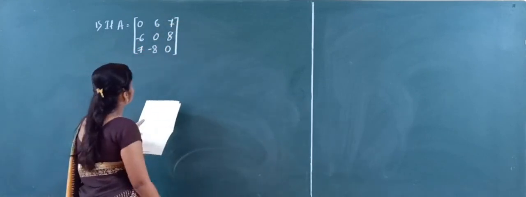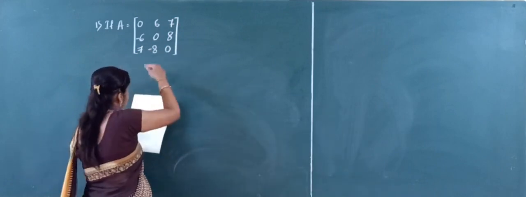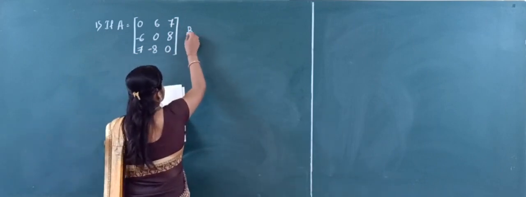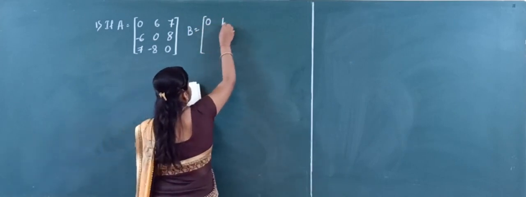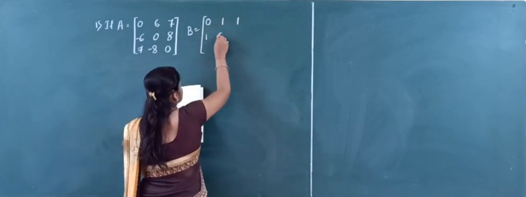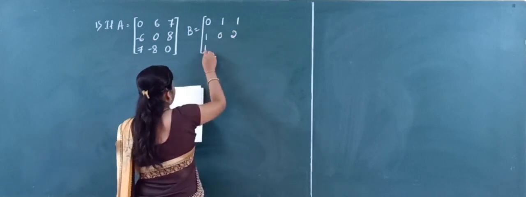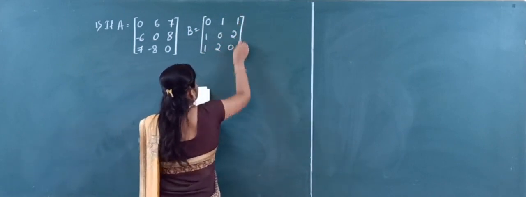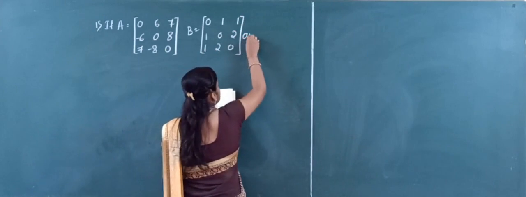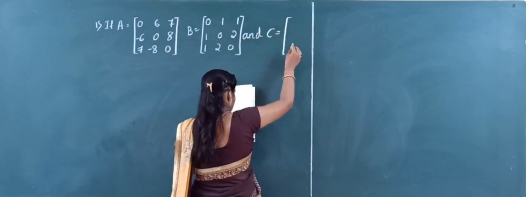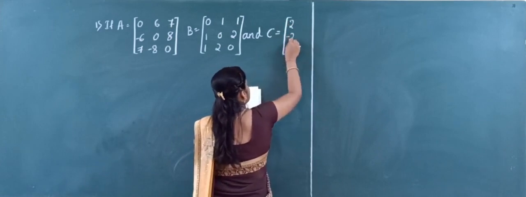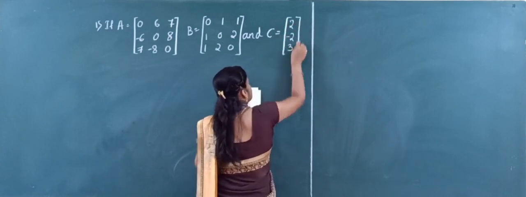If A matrix is a 3 by 3 matrix like this, and matrix B is again a 3 by 3 matrix 0, 1, 1, 1, 0, 2, 1, 2, 0, and C matrix is a column matrix 2, minus 2, 3.